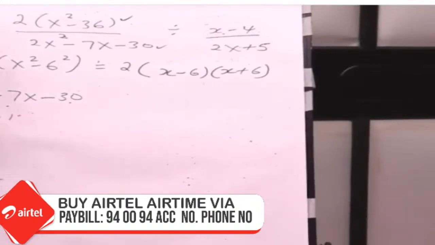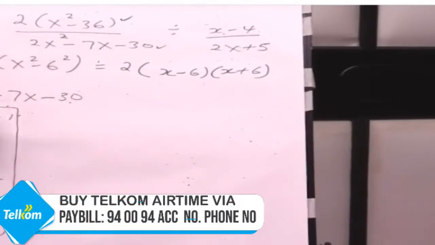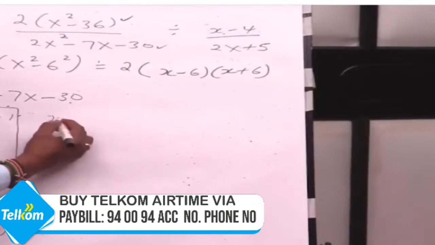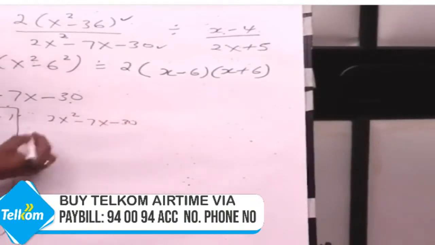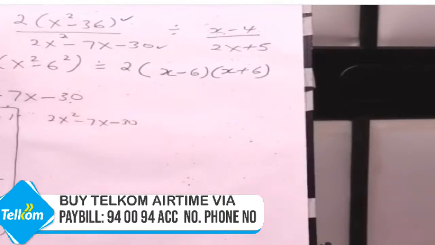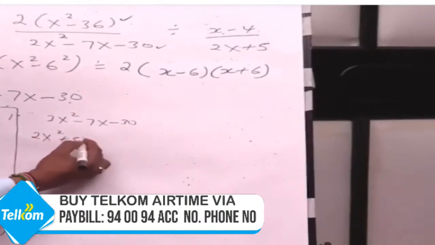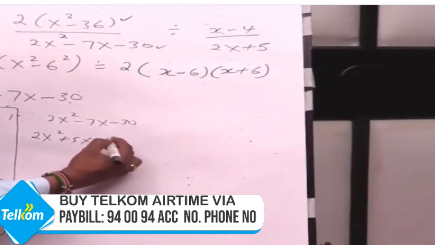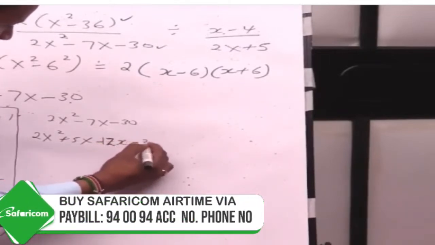Therefore you come here. This is just a rough draft. Therefore you come here, 2x squared minus 7x minus 30. So the two numbers are 12 and 5. So you come here, you get 2x squared plus 5x minus 12x minus 30.